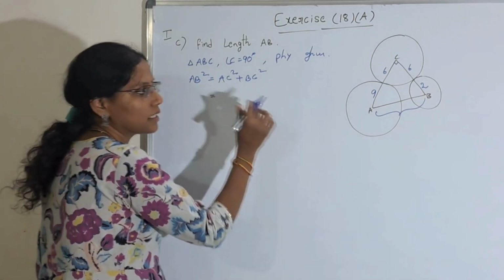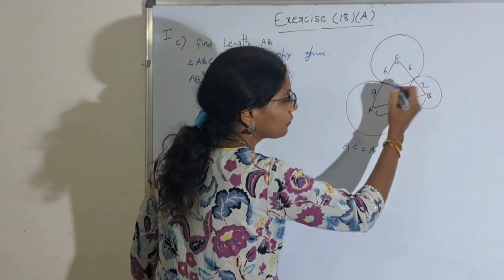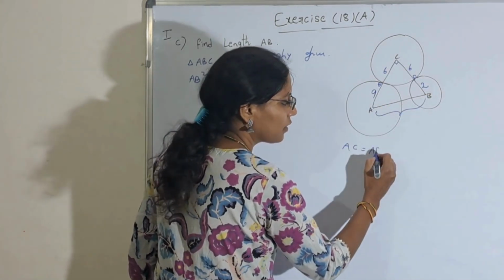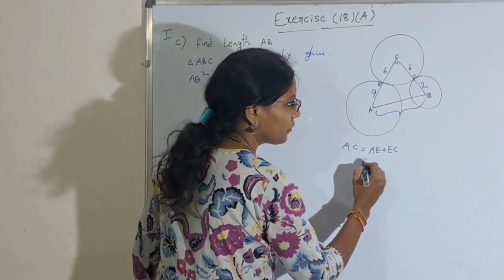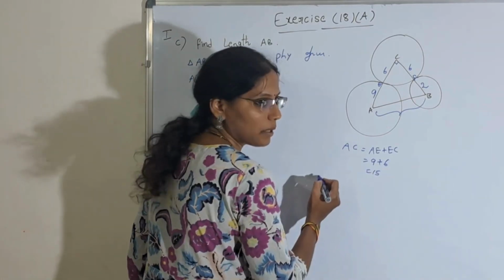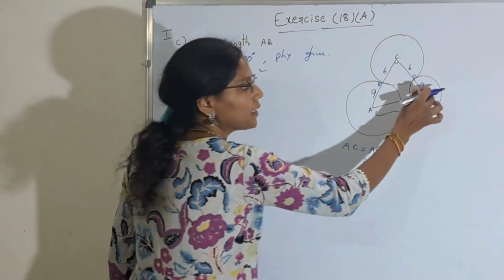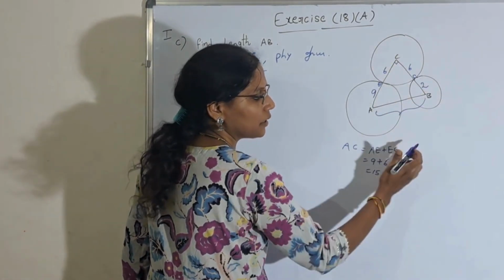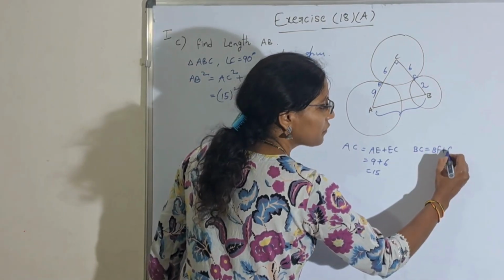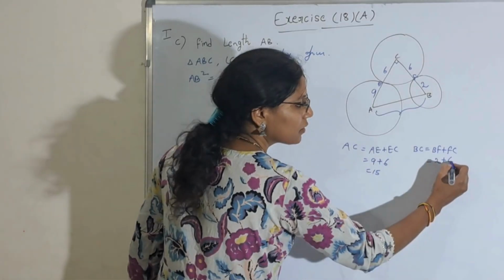Here AC, AC means how to find out? Here AE plus EC, AE plus EC. Here 9 plus 6, 15 it will come. Here 15 square plus BC. BC means BF plus FC. BC is equal to BF plus FC. BF is 2 plus FC is 6.